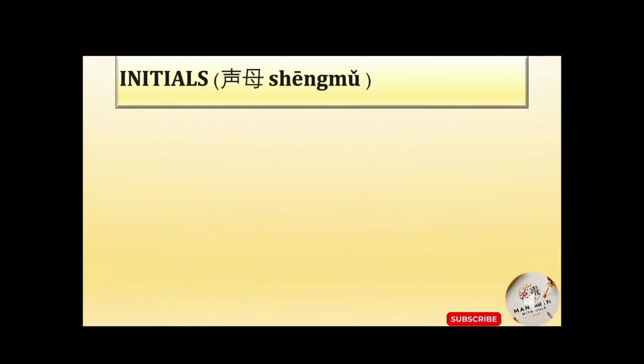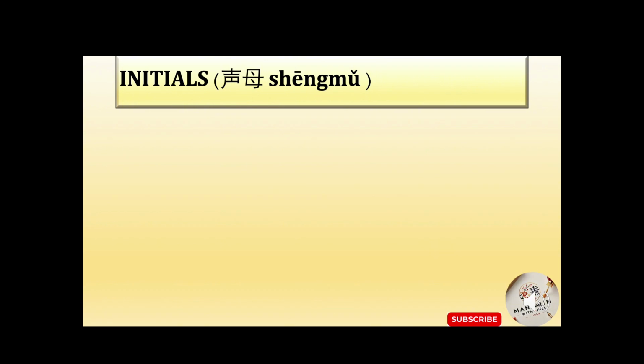Initials are known as shēngmǔ. As you can see, we have the characters here, and we have the Pinyin, the Roman letter representation, shēngmǔ. Those are two syllables. So let's look at the types of initials that we have.